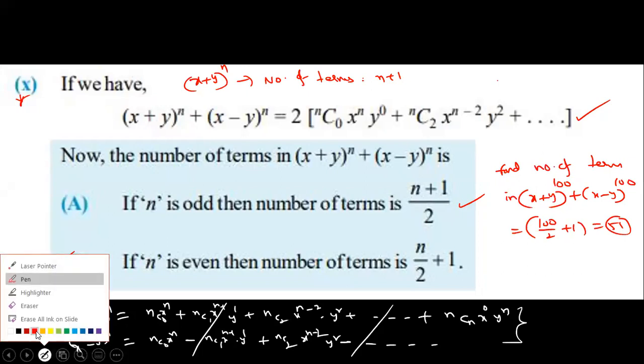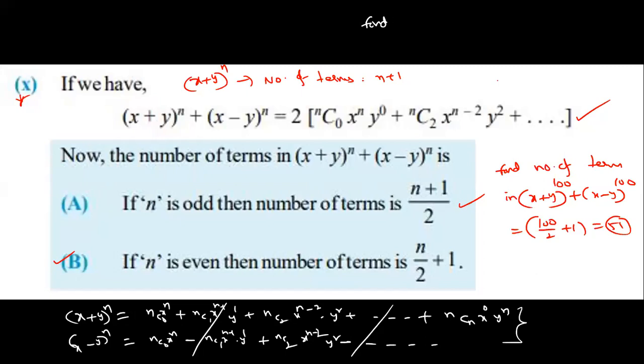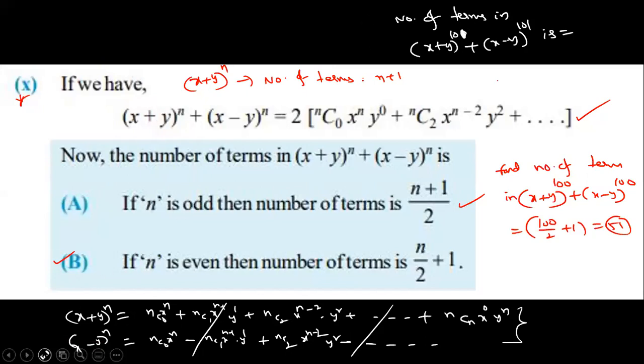Study another question. Find the number of terms in (x + y)^101 plus (x minus y)^101. Someone is sending me a message: 51.